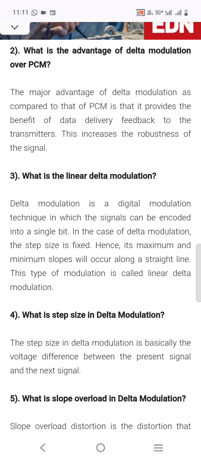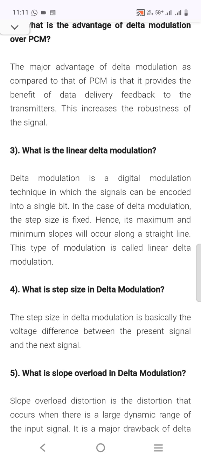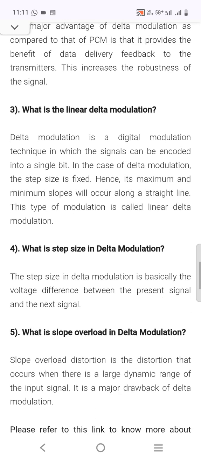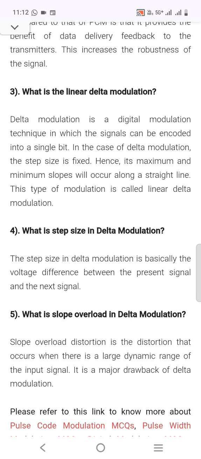Hence, its maximum and minimum slope will occur along a straight line. This type of modulation is called linear delta modulation.